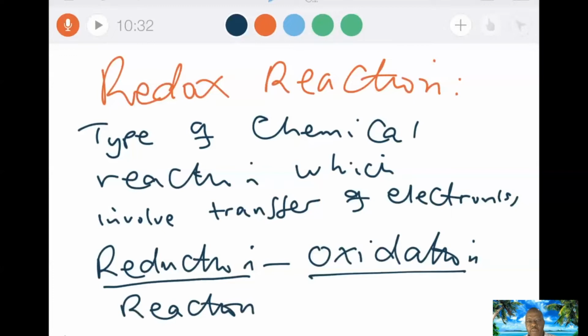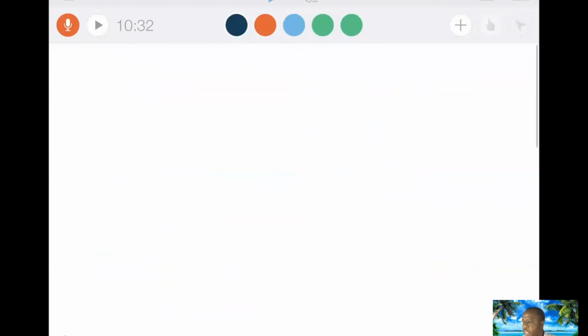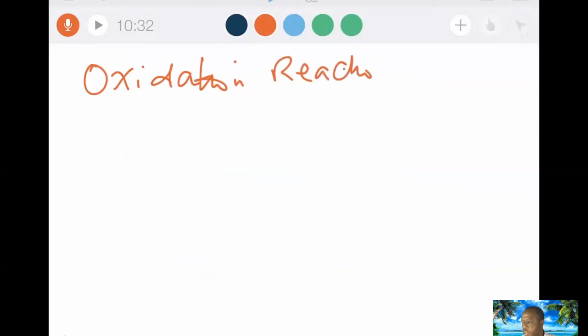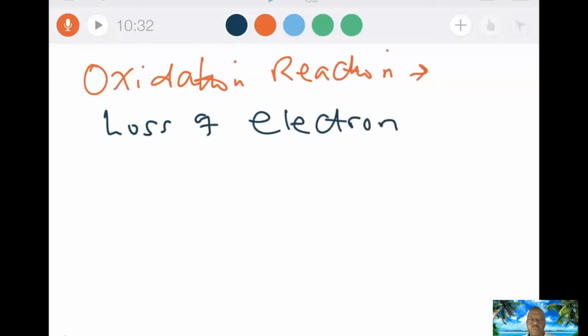There are two types of reaction taking place, which are oxidation reaction and reduction reaction. Oxidation reaction is a reaction where there is loss of electrons. When there is loss of electrons, we say oxidation has taken place.